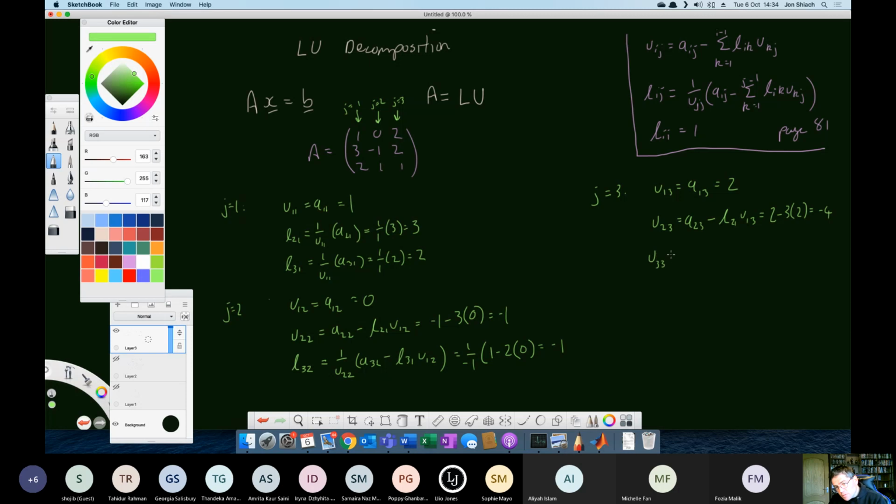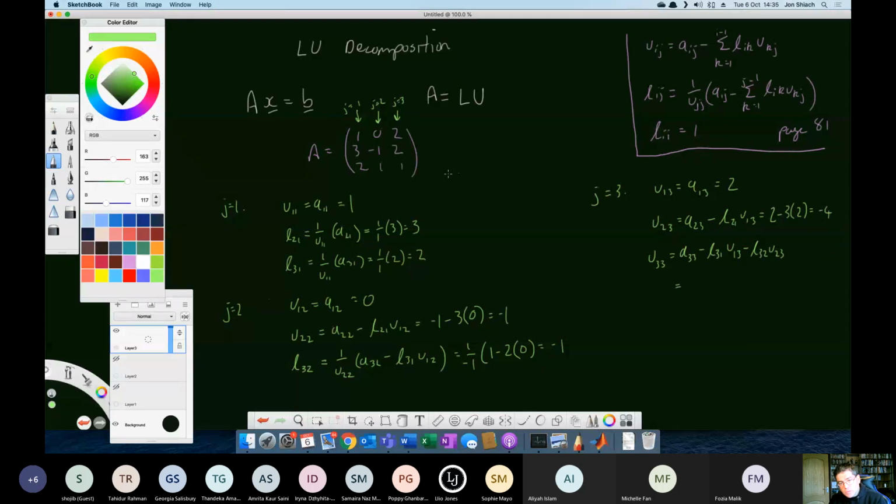And finally, U33 is equal to A33 minus L31 U13. In this summation here, K goes from 1 to 2, so we've got another term, which is L32 U23.